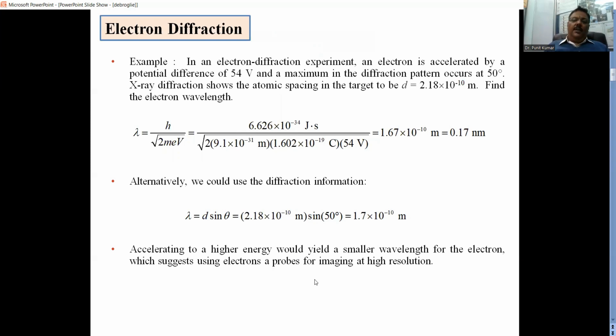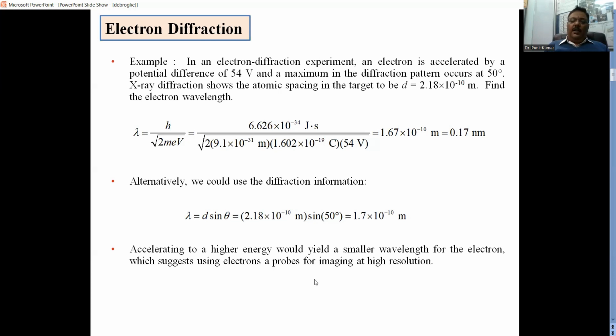When we confirm this with Bragg's formula, the wavelength also comes out to be nearly 0.17 nanometers. So both approaches are in agreement, and de Broglie's hypothesis was confirmed. This supports the de Broglie hypothesis.